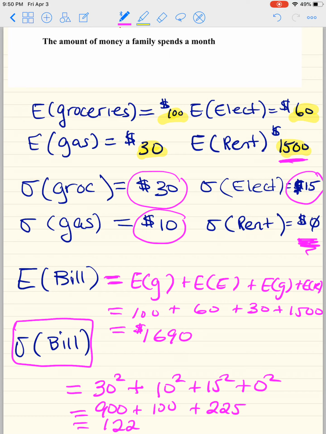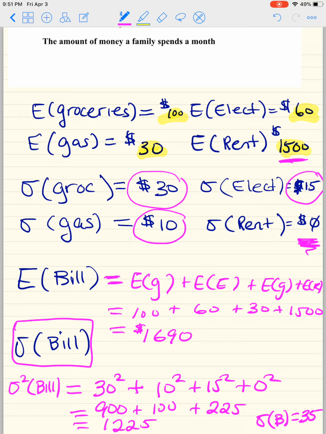That looks like it's going to be 1225. And so this is still squared. So this is the variance. So the square root of 1225 is 35, I believe. Yes, it is. So the standard deviation is 35.